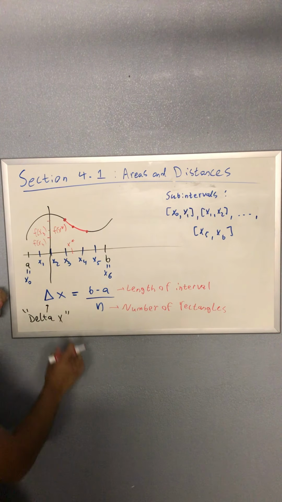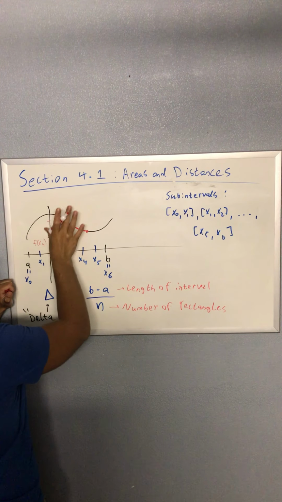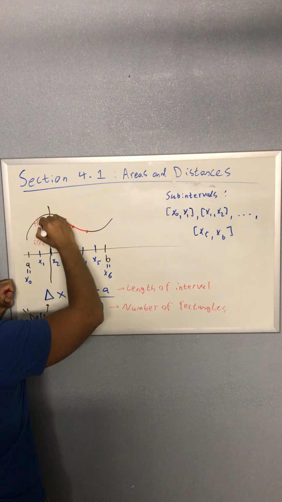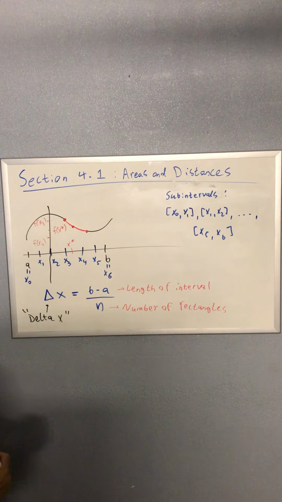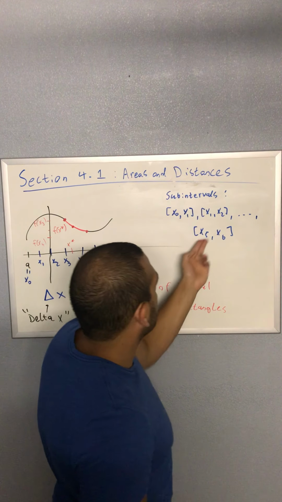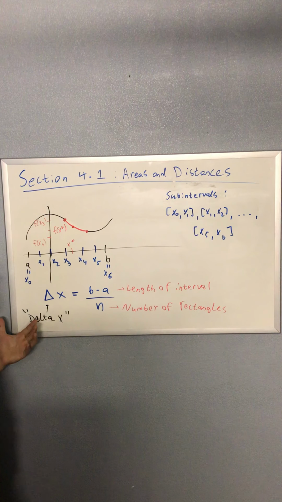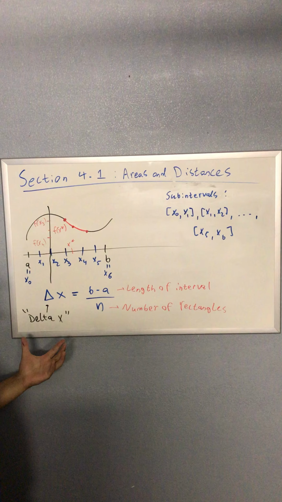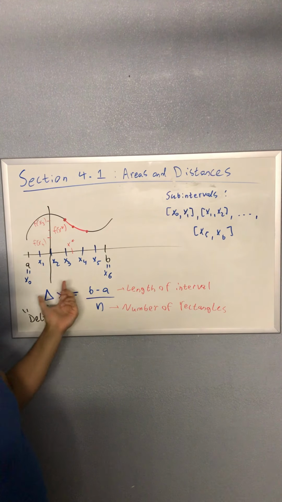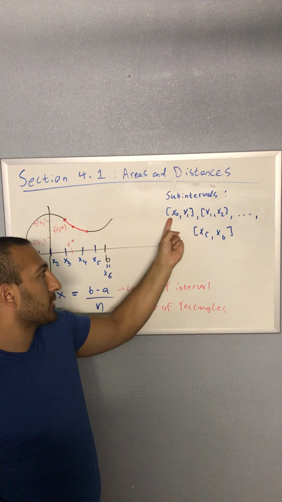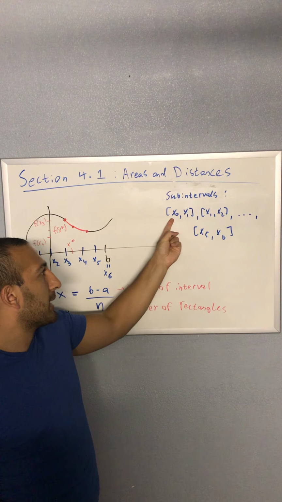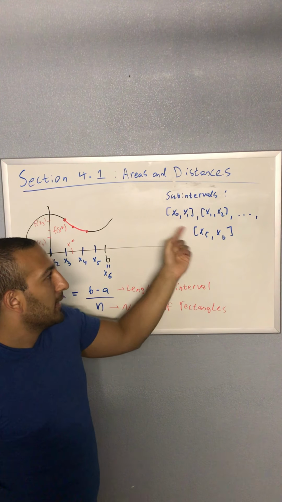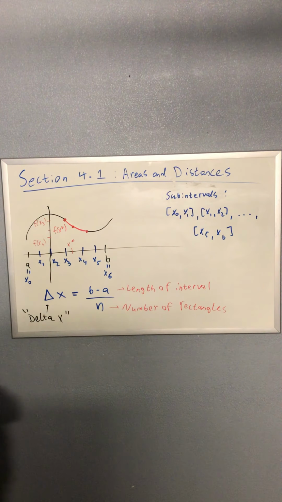So we have a lot of different options. Let me move this up. We have a lot of options. So in general, within our subintervals, we're going to pick some point x star within them. When we use the left endpoint, we're using the number on the left, the smaller number. So for the left endpoint, we will pick x0, x1, x2, all the way up to x5.